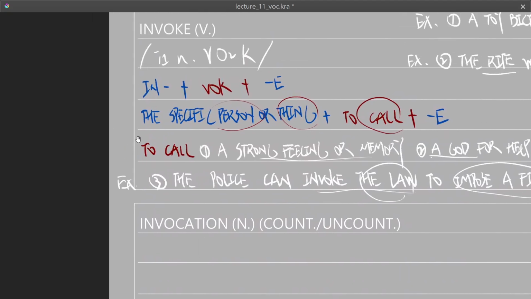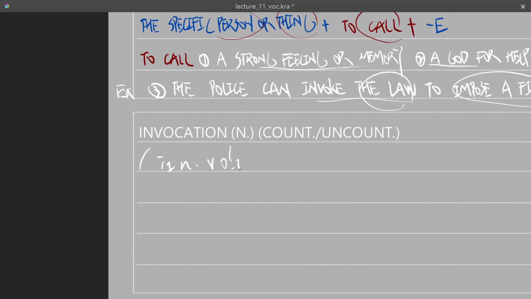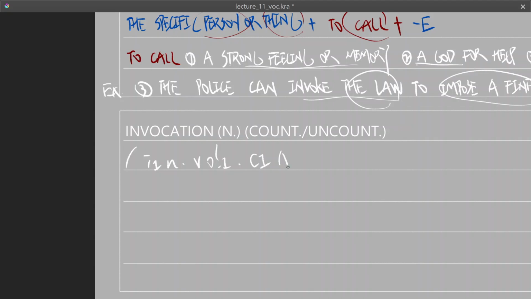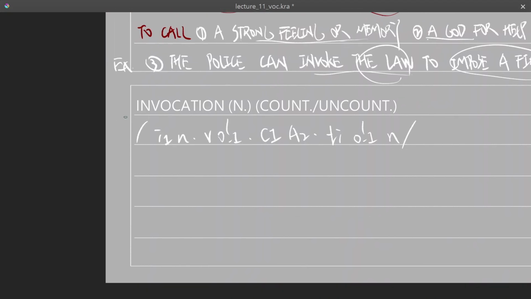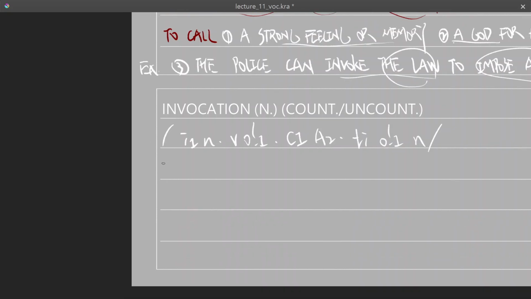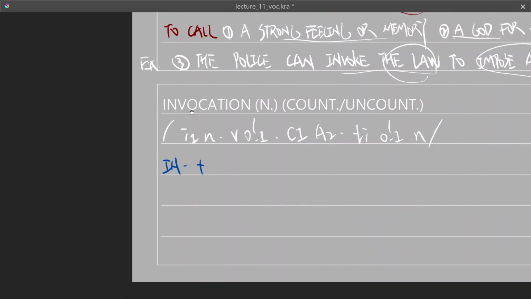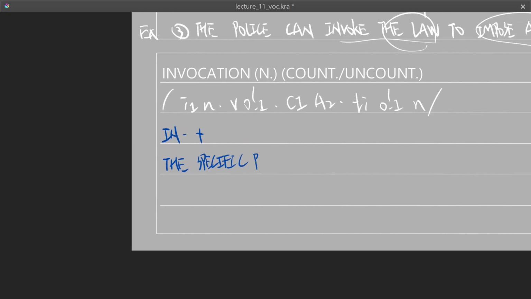Alright, next we have invocation, the noun form of invoke. Invocation. And again, we have the prefix in, meaning the specific person or thing.